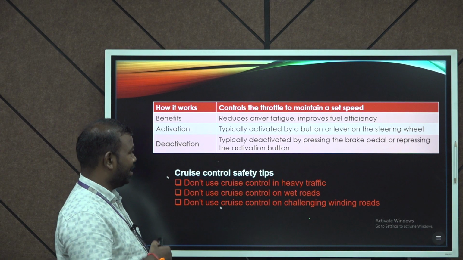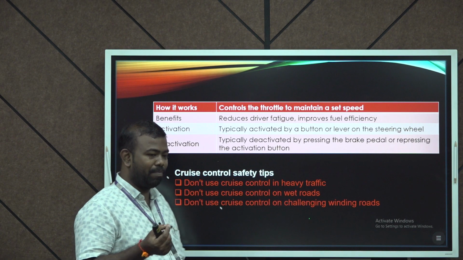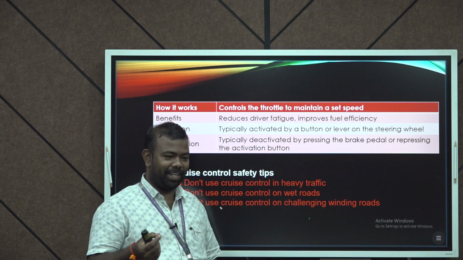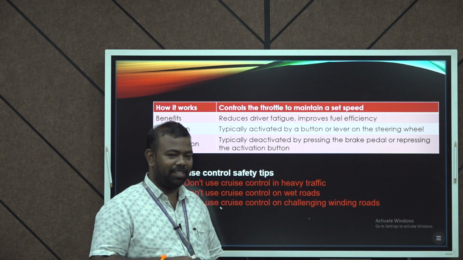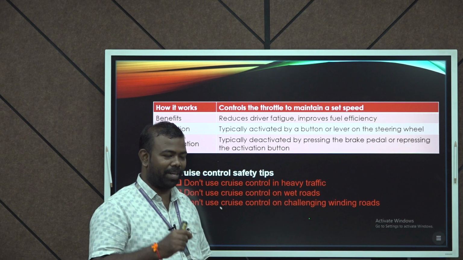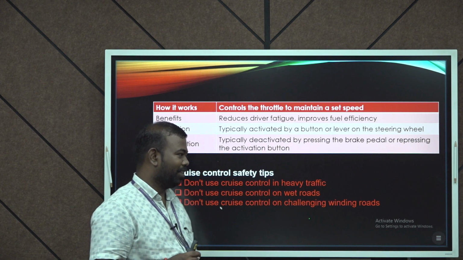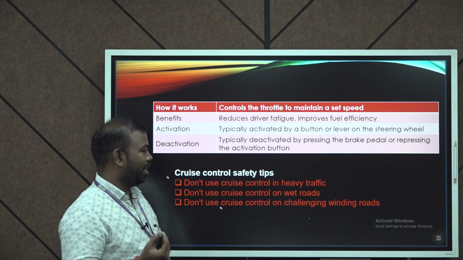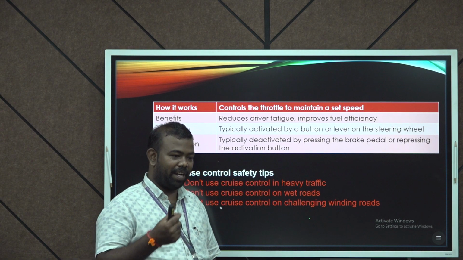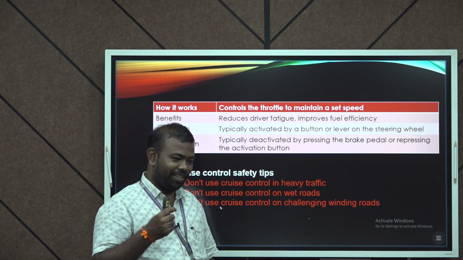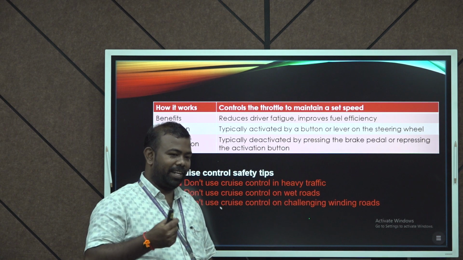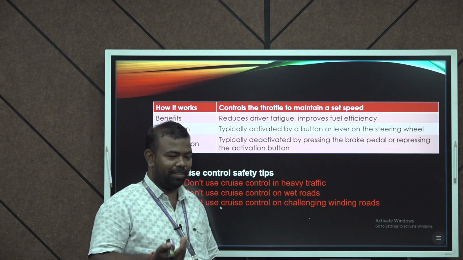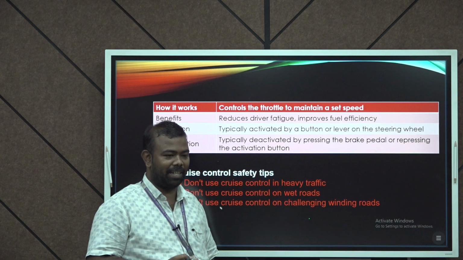For activation, it is typically activated by a simple button, located on the steering wheel itself. It is a simple mechanism to operate cruise control mode. It is very easy, and deactivation is also very easy. If we release the cruise control button, then cruise control is automatically cancelled.